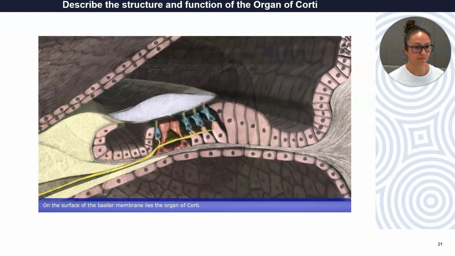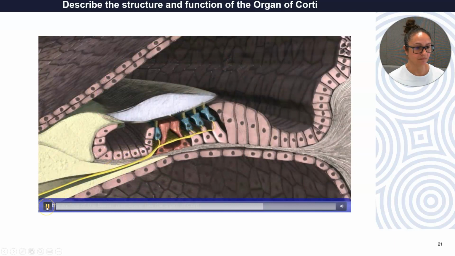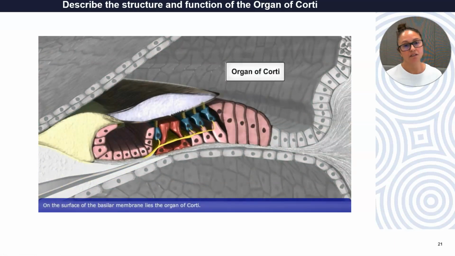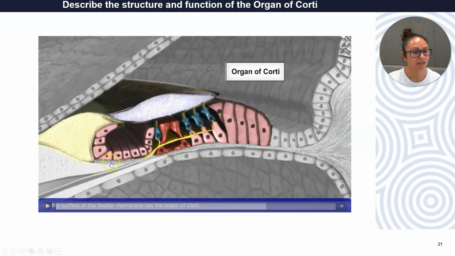On the surface of the basilar membrane lies the organ of Corti. Okay, so this is the business end of the deal. You've got a chamber with fluid going up and coming back down again, but the organ of Corti, which is our organ of hearing, sits on this important basilar membrane.